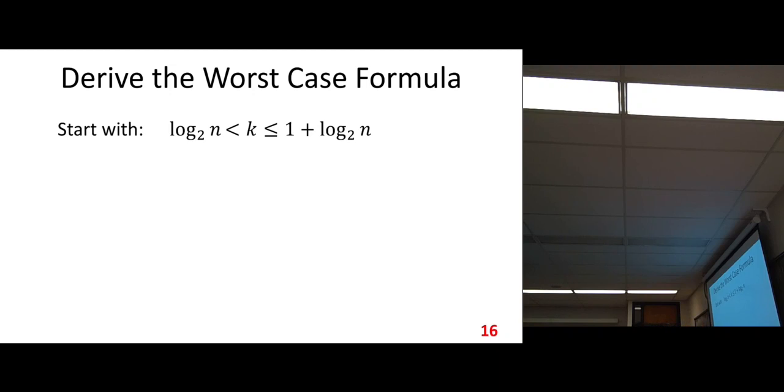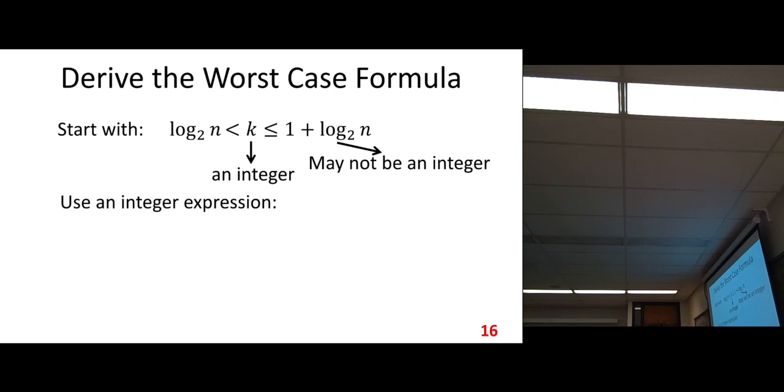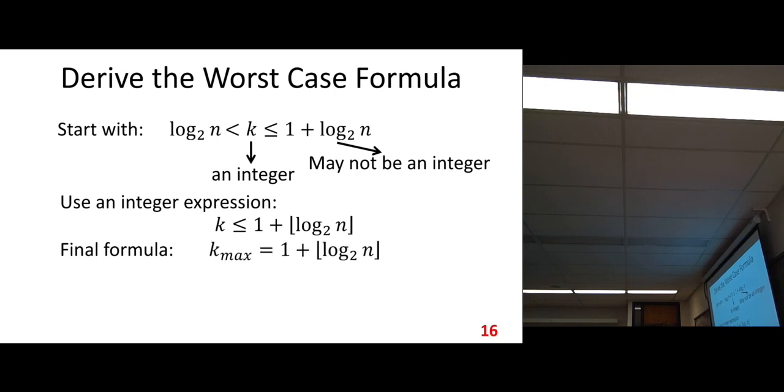That will be easier. So this k is an integer, log 2 n, but we can take the floor function. But for the worst case, the largest possible k is the worst case. So the final formula for the worst case, k max, the maximum number of comparisons. We need this formula.